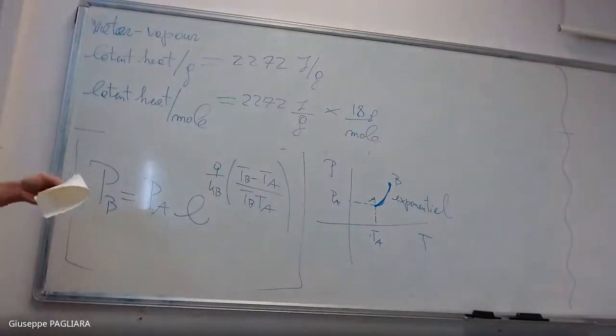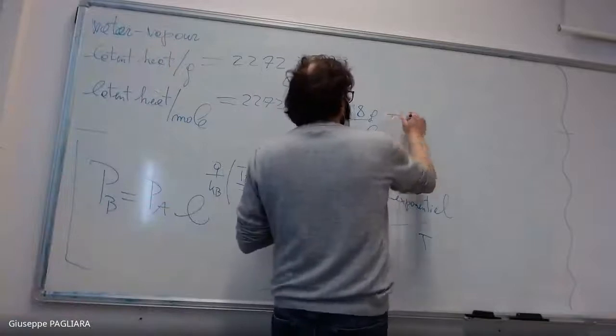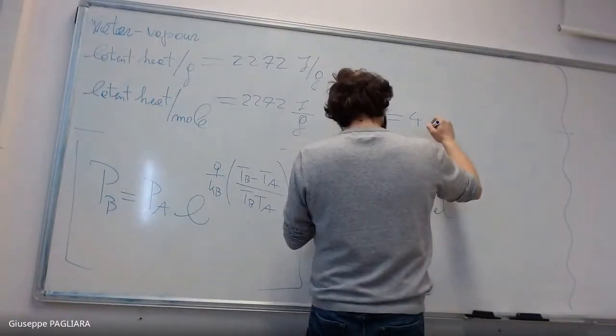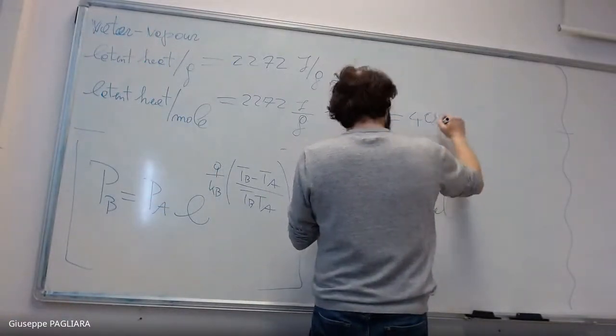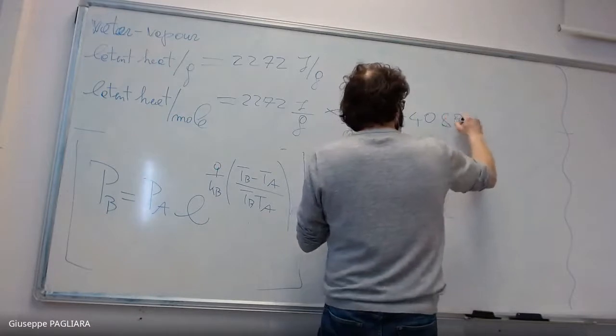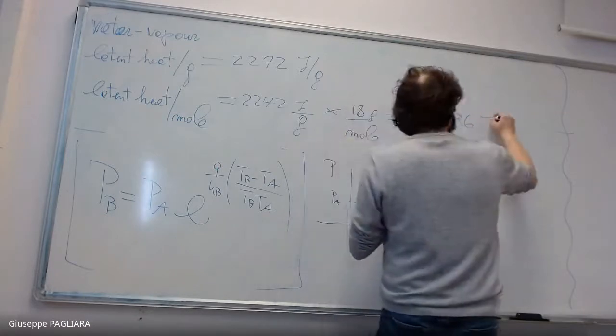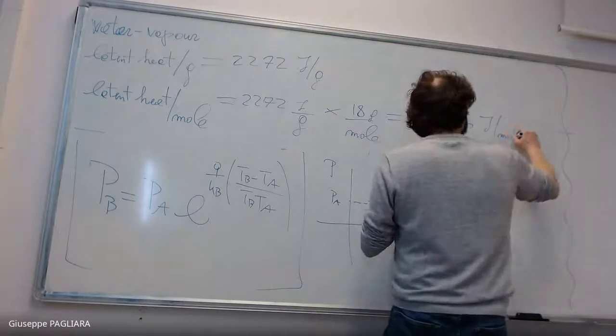And from this I get 40,896 joule per mole.